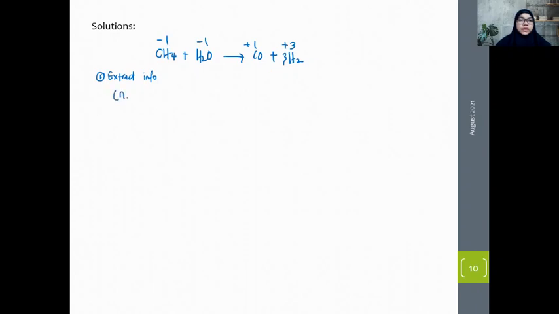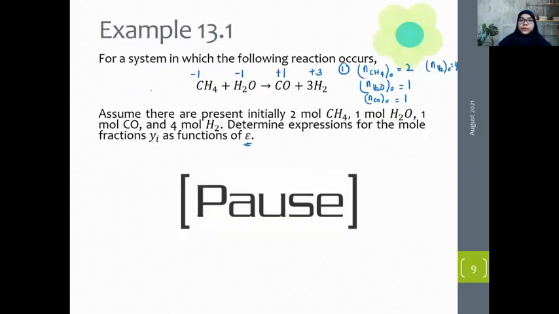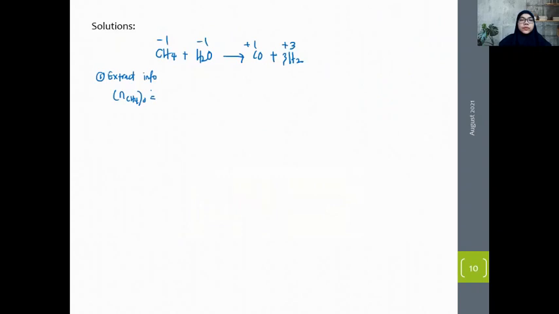Then N_CH4 initial equals 2 moles, N_H2O initial we have 1 mole, N_CO initial we have 1 mole, and N_H2 initial we have 4 moles.